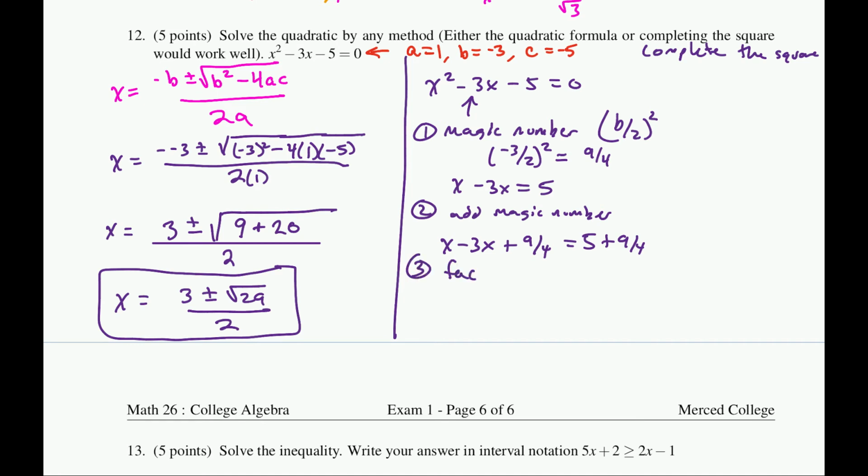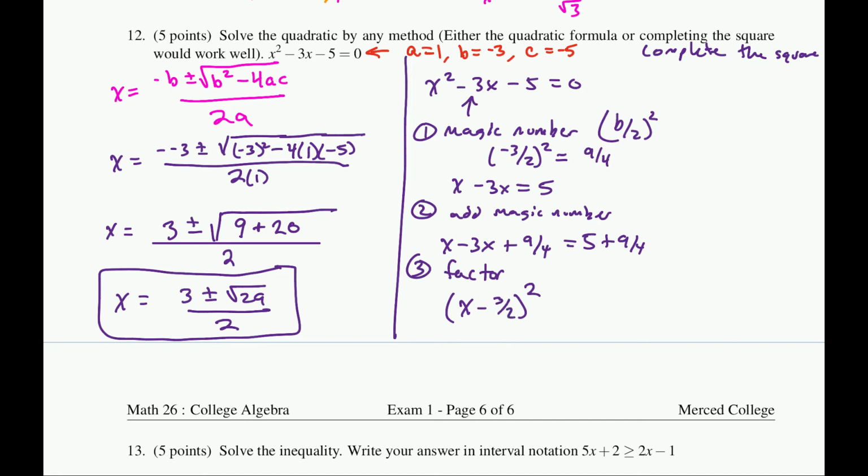you factor. Now, don't think too hard about how to factor. The way it's going to factor is it's always going to be x plus or minus something. And the something is always whatever this was, the negative 3 over 2. That's the number that's going to go here. The b over 2 is what ends up here. But if you don't know that, it'd be hard just to guess that.